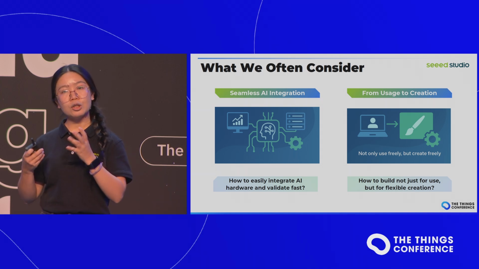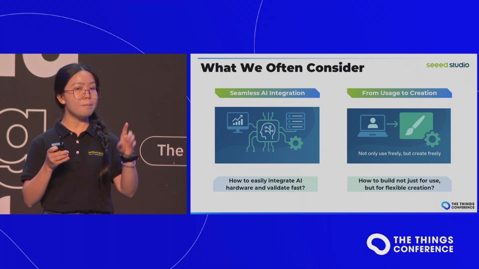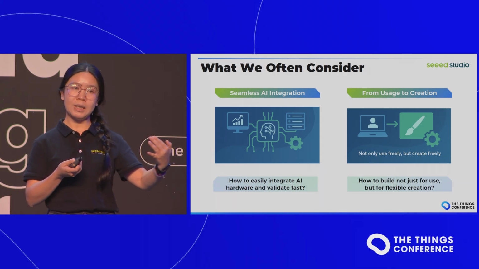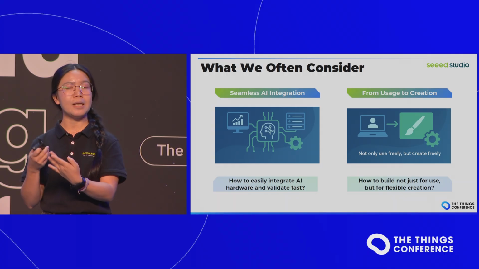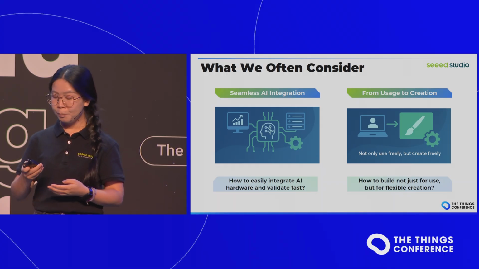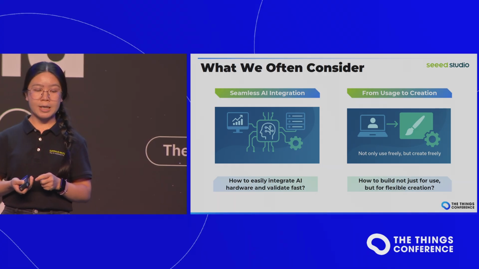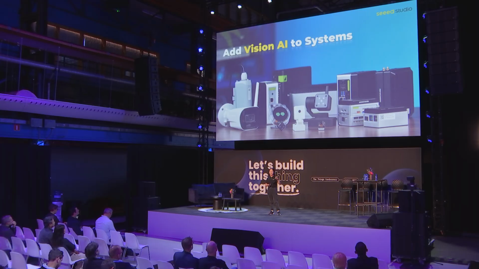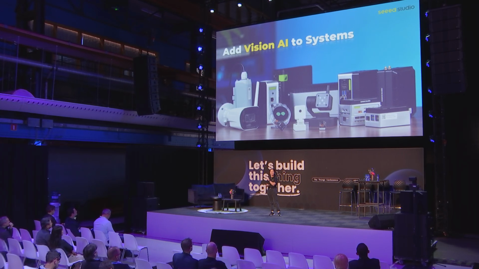And also, they do not just use it for one application, but for scale-up applications, or maybe not just for one person, but for many people, so that it can be duplicated or replicable. So what we try to do is think about these solutions and how we can allow you to add AI into your systems very easily.